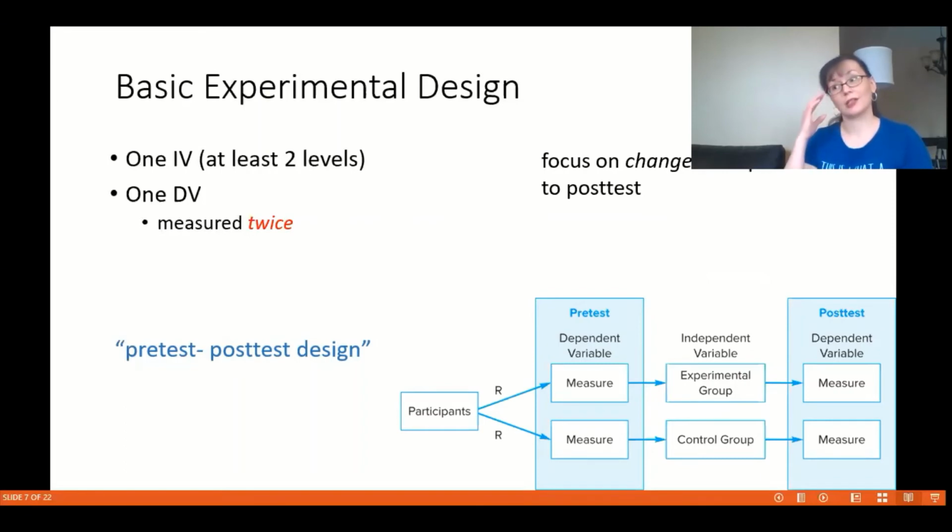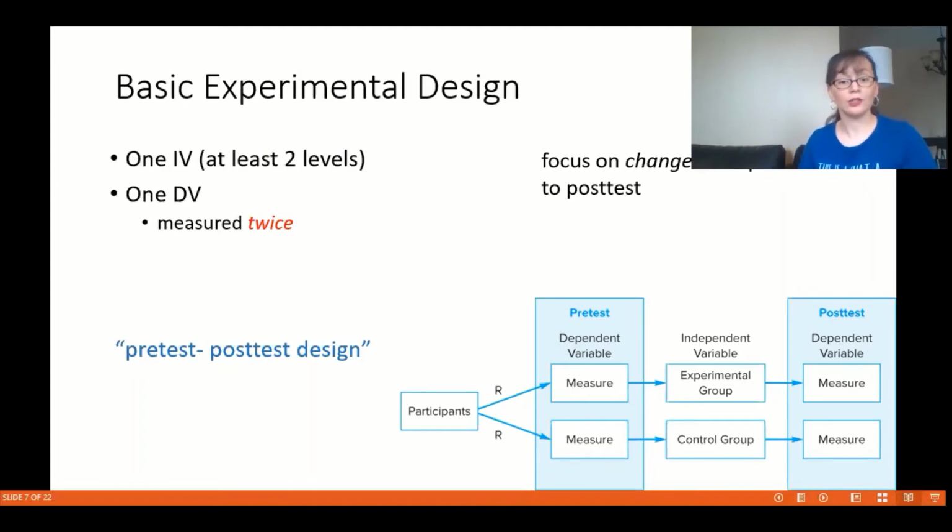So maybe we're studying memory, and this measurement that we're giving people is going to have something to do with how much they remember of some situation, based on whatever situation we put them in, those levels of our independent variable. But we know that people in general have a lot of variability in their memory abilities.